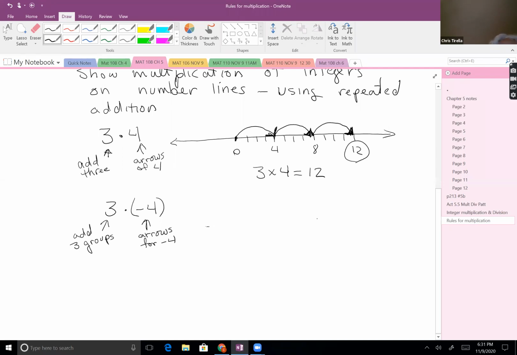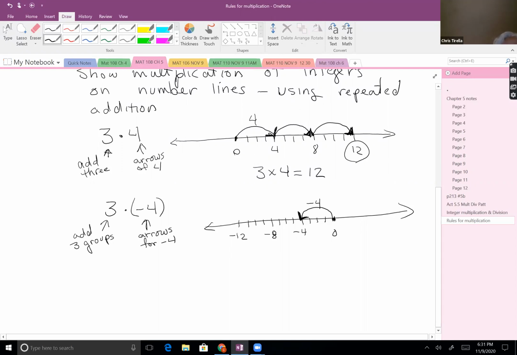And so again, I'm going to start at 0. And I'm going to think of adding, which is again, drawing tail to head, arrows for negative 4. And again, remember those arrows, those negative arrows, are arrows that point to the left.